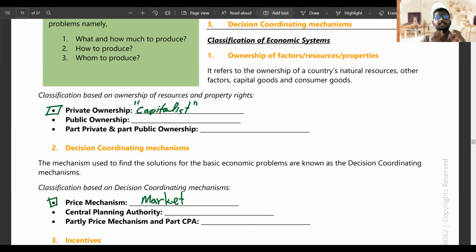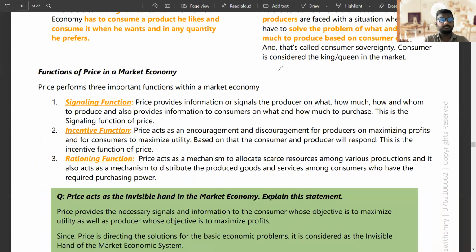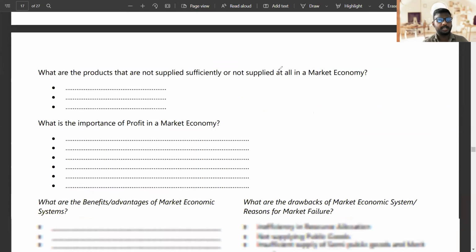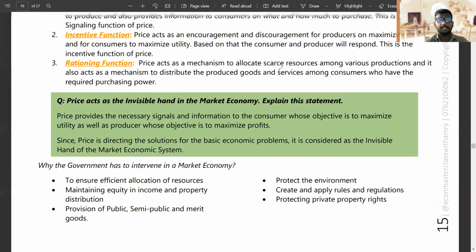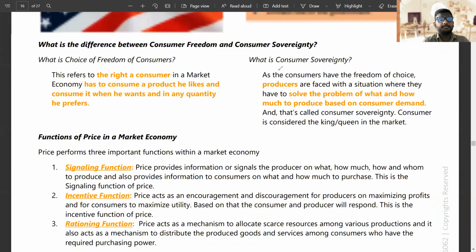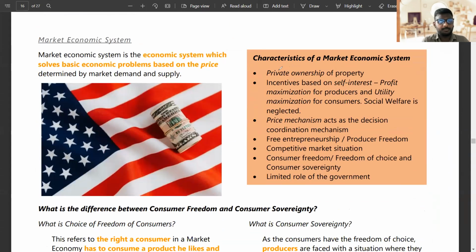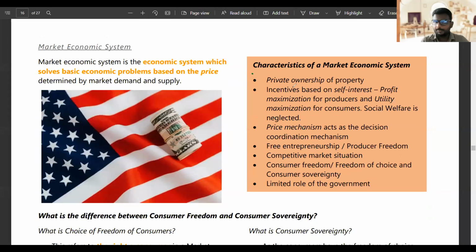There is a distinct difference between these two. But when we study the market economic system, in your handout or in your class, when you start studying market economy and command economy separately, the features of market economic system we say are private ownership, and the decision coordinating mechanism is price mechanism.